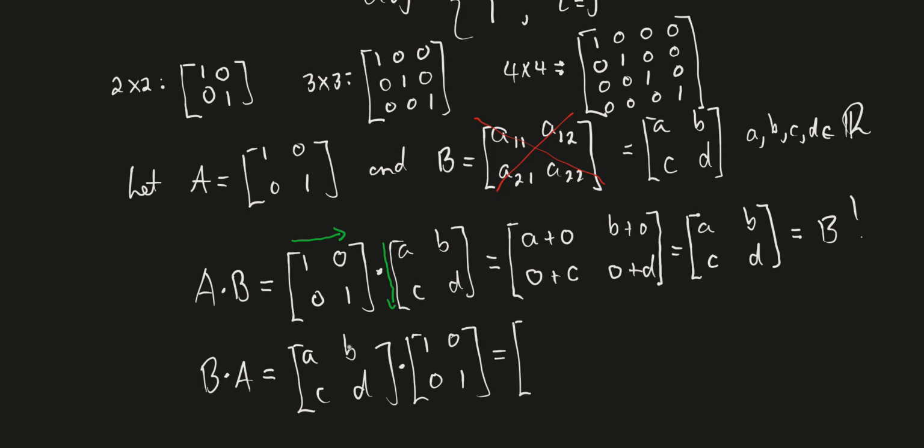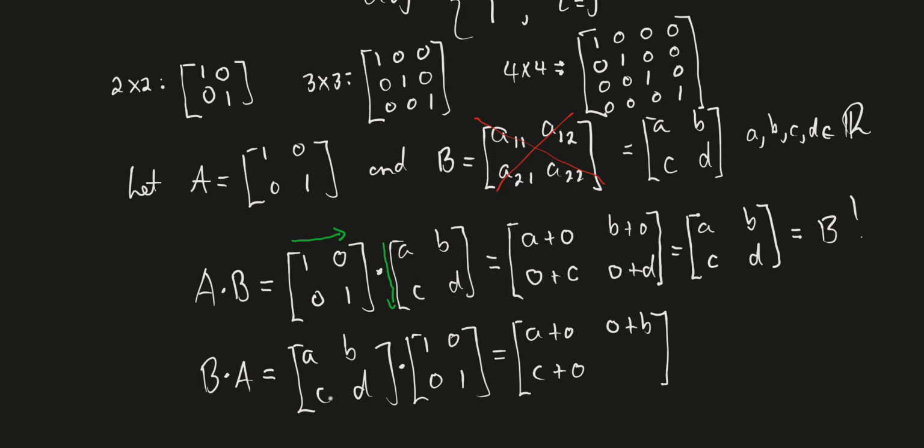I'll have A times 1, that's A, plus B times 0, that's 0. Next column, A times 0 is 0, plus B times 1 is B. Now move to the second row, C times 1 is C, plus D times 0 is 0.